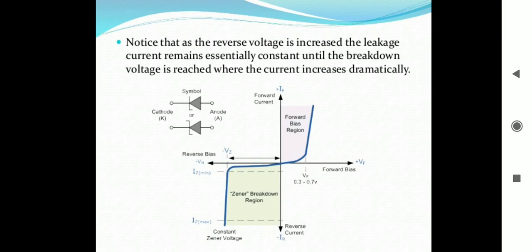But when the reverse bias voltage is greater than the Zener voltage, a sharp breakdown takes place as shown in the VI characteristics graph. The Zener voltage can be seen in your graph. It is also known as the knee voltage because at this point the current increases very rapidly.